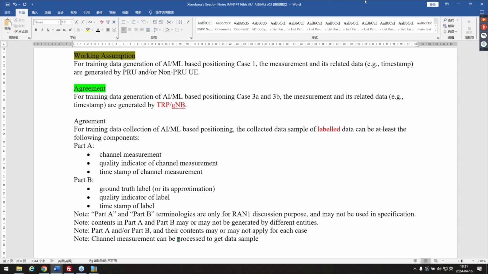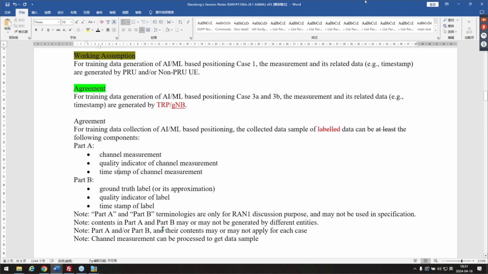It just sounds a bit weird to say that the channel measurement can be processed. Okay, I read it.